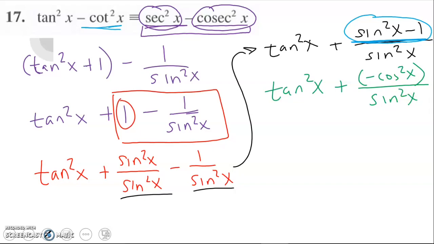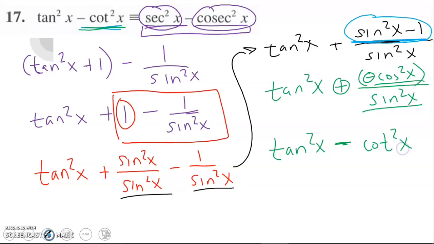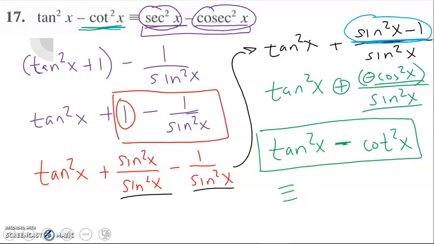Okay, now this is negative. So what I can do, again, cosine squared x over sine squared x, again, that is equivalent to cotangent. So what I have now is tan squared x. Again, that negative and that plus is just going to be a negative. And then minus cotangent squared x. Okay, so I've proved this identity. This is equivalent to my left-hand side. So this one is proven. Okay.